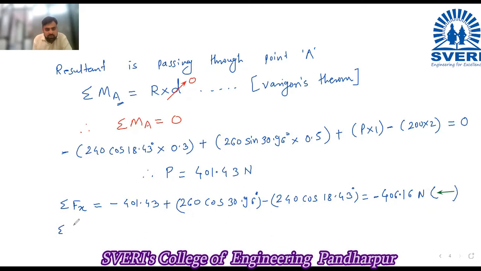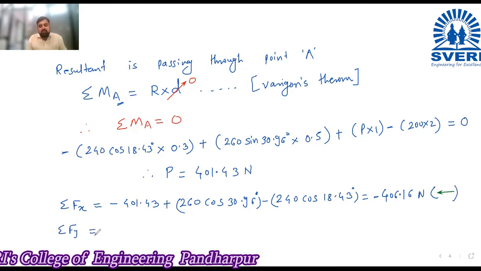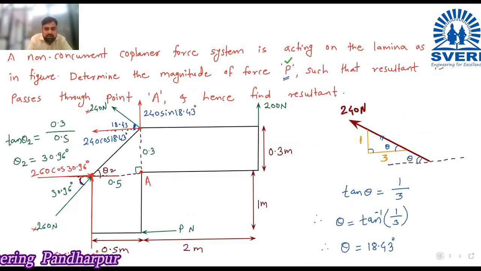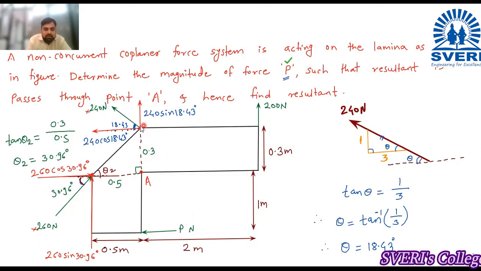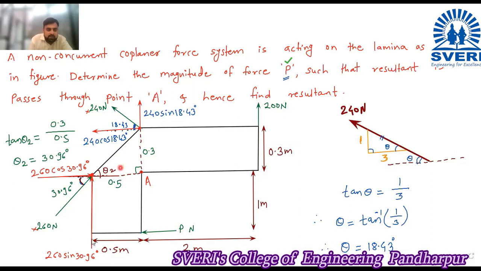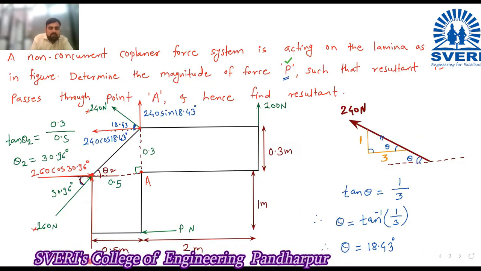Similarly, calculate summation fy now. Upward plus, downward minus. Calculate now. So if we see here, 200 Newton is the first force which is moving up. So plus 200. Then this force is also moving up, so plus 240 sine 18.43. This is plus. And this is also moving up, so 260 sine 30.96.